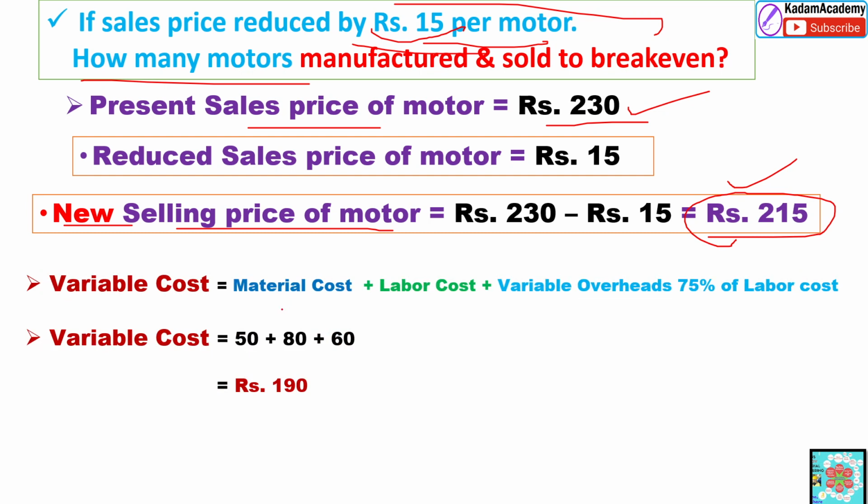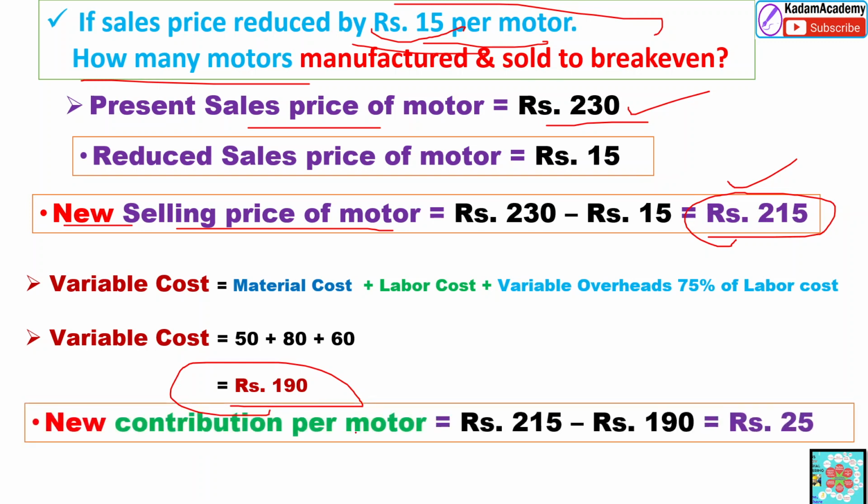Here the variable cost, as we already know, is 190 rupees. The new contribution per motor we can calculate: 215, the sales price per motor, minus 190, the variable cost per motor, which we already calculated.